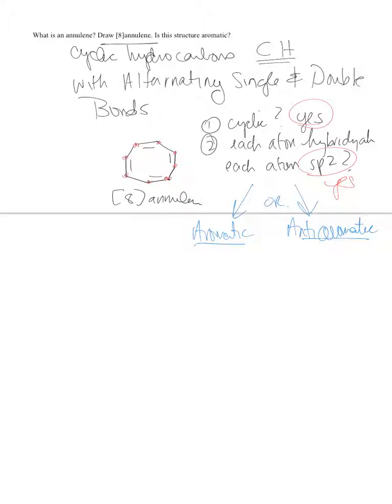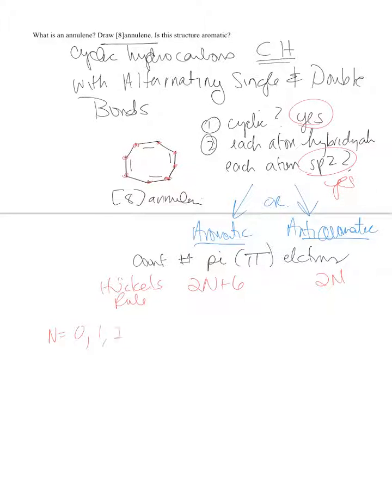Now, to decipher between these two, you count the number of pi electrons and see if it fits Huckel's rule of 4n plus 2, or just 4n. And n has to be an integer: 0, 1, 2, 3. It cannot be a half number. So when we do this, how many pi electrons do we have?